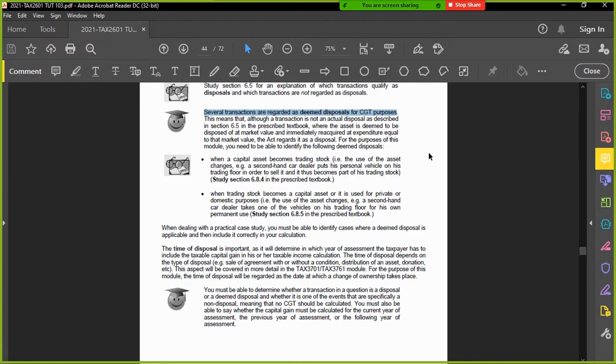Or immigration. You decide to move, pack up and leave, but you keep your assets. So you keep your property in South Africa, which you'll rent out and derive income from, but you're no longer going to stay in this country and are going to live and work in another country. Then they would say, you've immigrated, it's a deemed disposal.